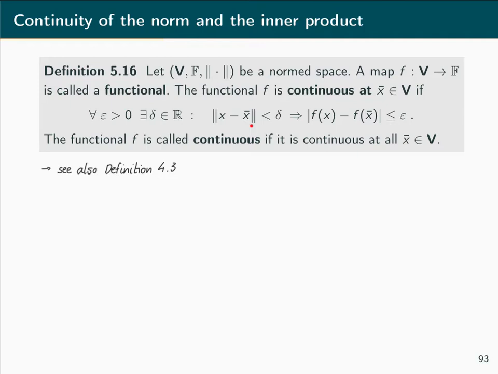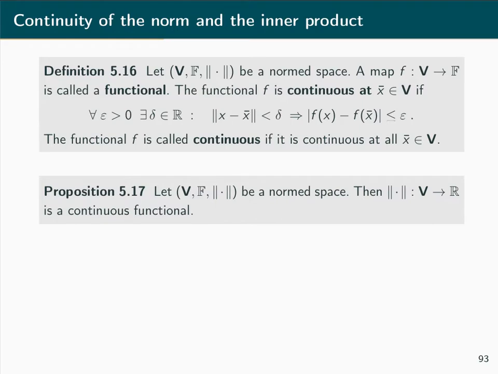If this is the condition for the functional to be continuous at some point x bar in the domain, then the functional is called continuous if it is continuous at all points x bar in its domain.